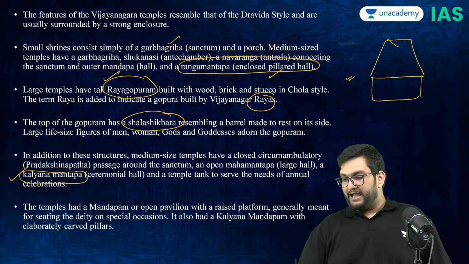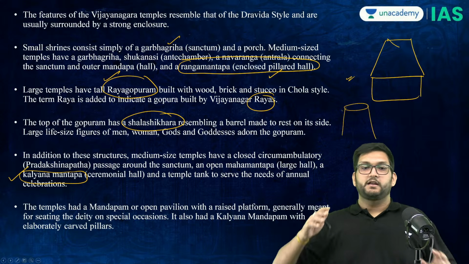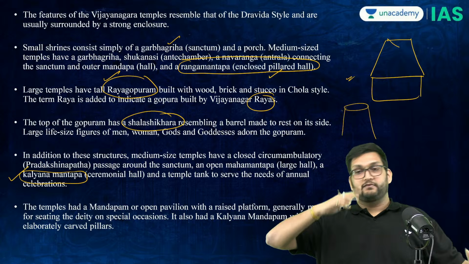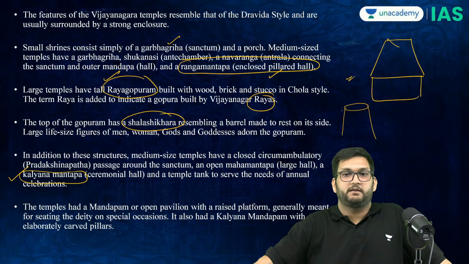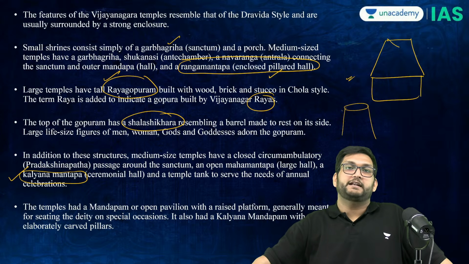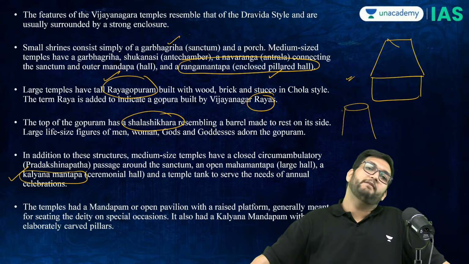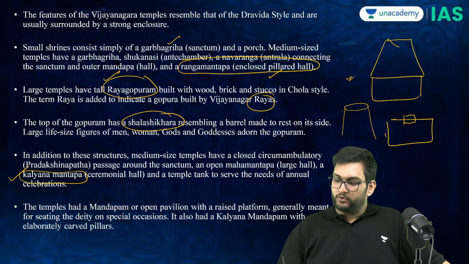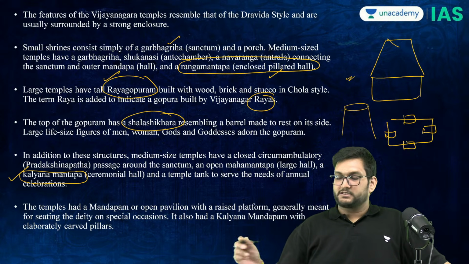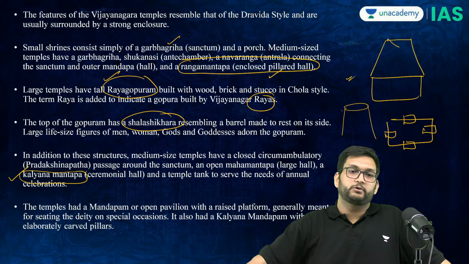They had shikharas or vimanas, if you want to call them, and this is very specific to the Vijayanagara Empire. The Vijayanagara Empire was able to take temple architecture and Indo-Islamic architecture to a new level altogether. They also used to add gopurams in all four directions.